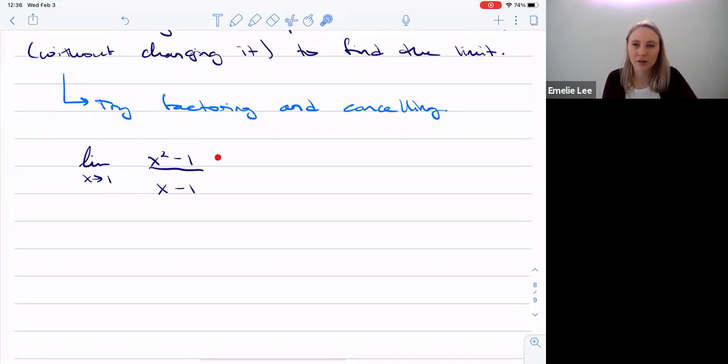I can factor, it's one of those special factors, but even if you don't recognize that, you can write x squared minus 1 as x squared minus 1 squared. But just try pulling out a factor of x minus 1, because that's ultimately what you want to get rid of. That's the one making trouble. And if you can pull out x minus 1 from here, then you're kind of off to the races.